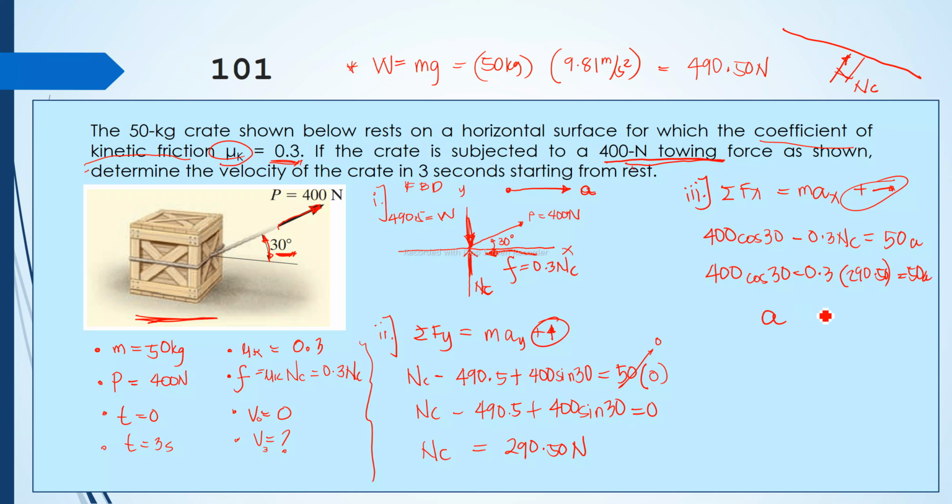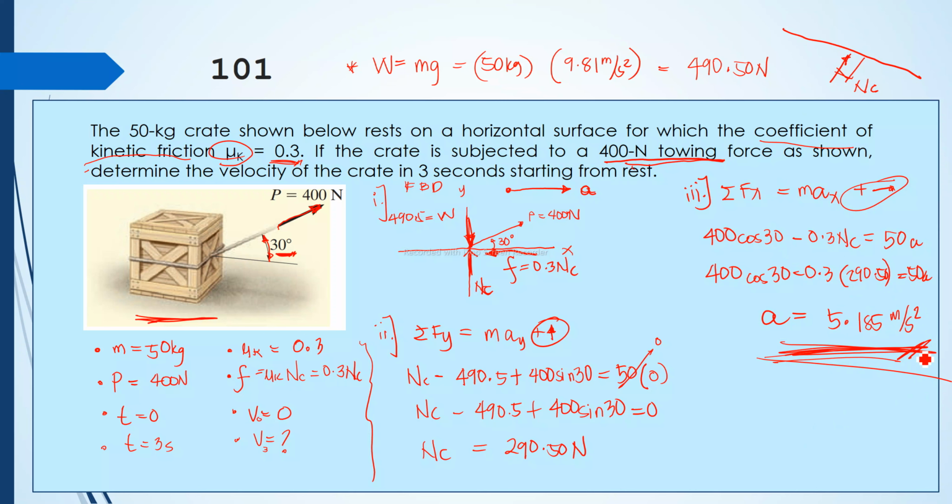We can solve for the acceleration of the object. Our acceleration is 5.185, unit is in SI, meters per second squared. So we have solved the acceleration of the object.